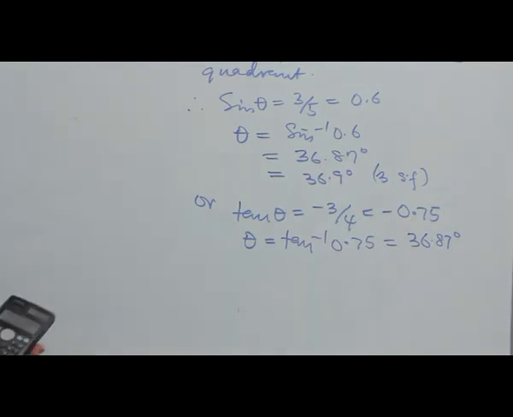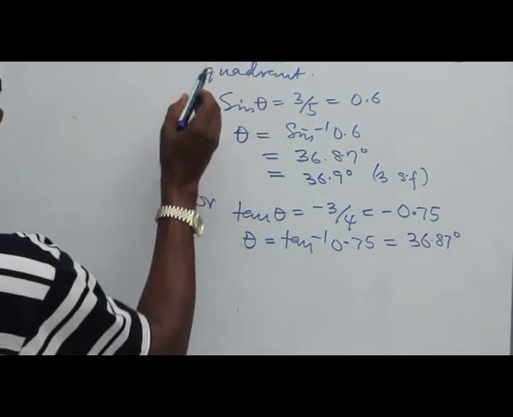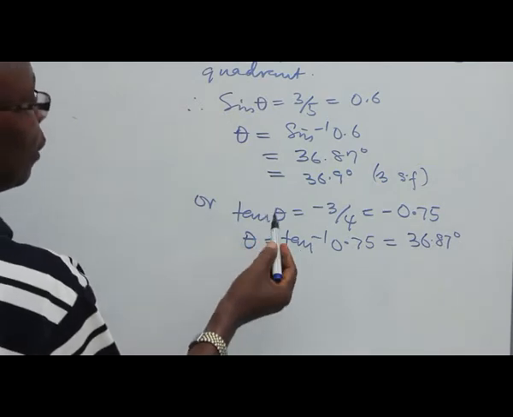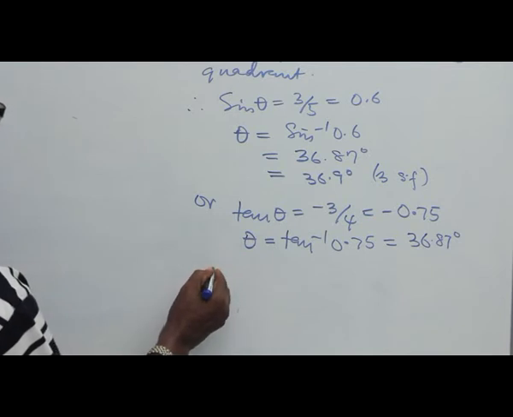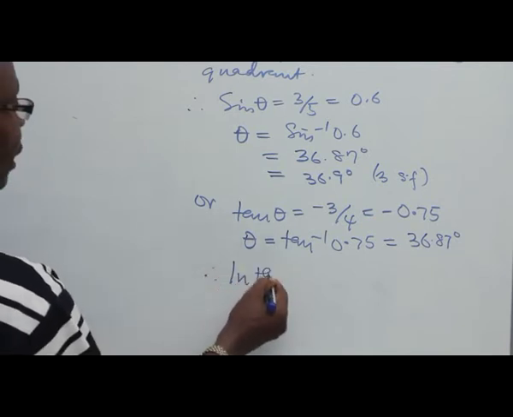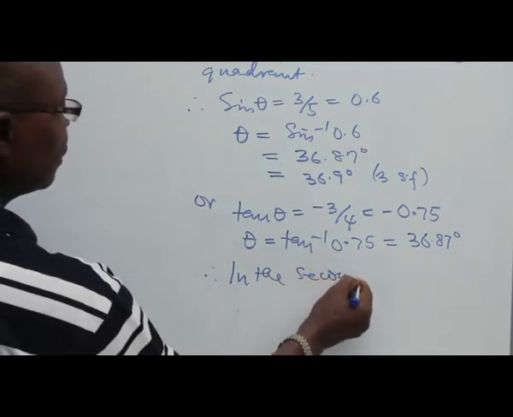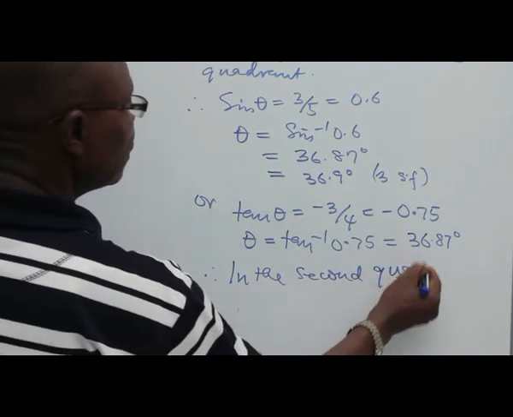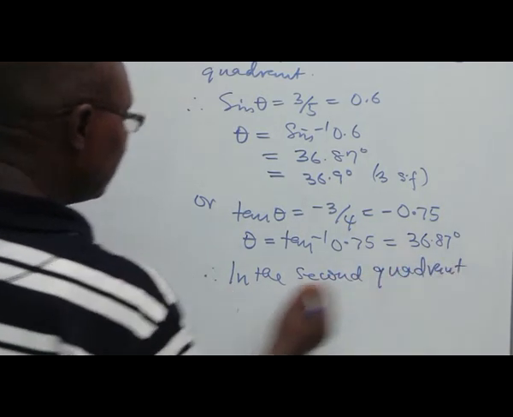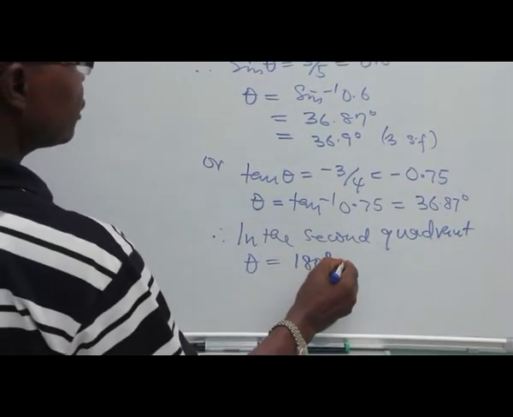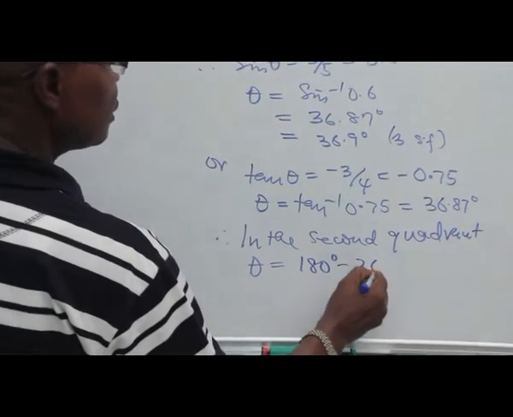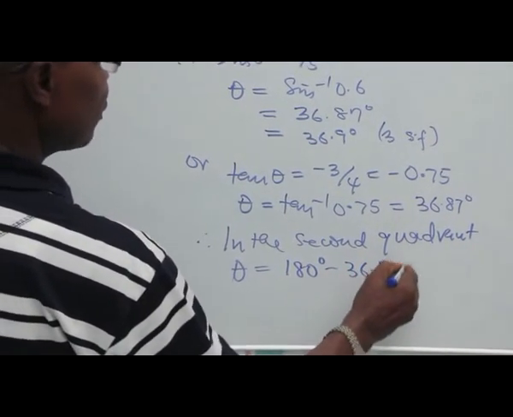But you recall that, as we said earlier, in the second quadrant, that is where the solution lies. So in the second quadrant, we have the answer as follows. Therefore, in the second quadrant, your theta is equal to 180 degrees minus 36.87 degrees.